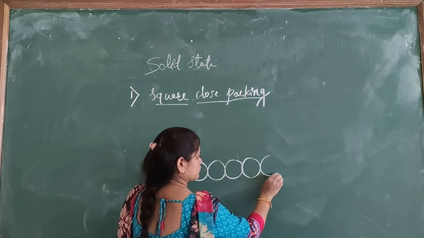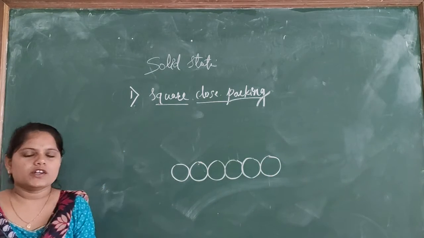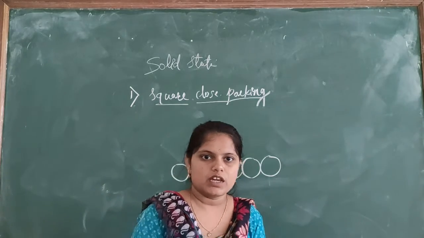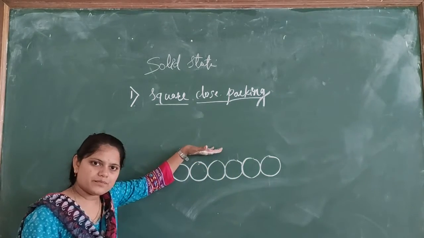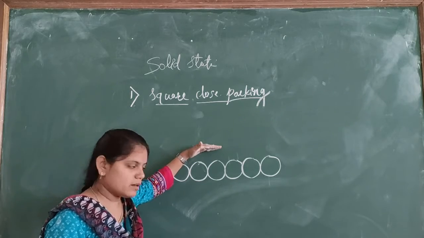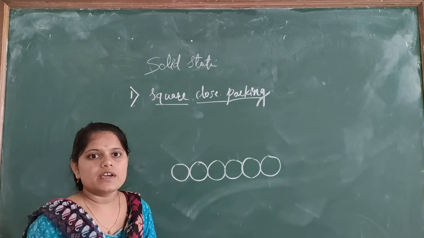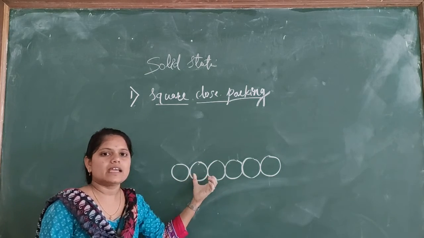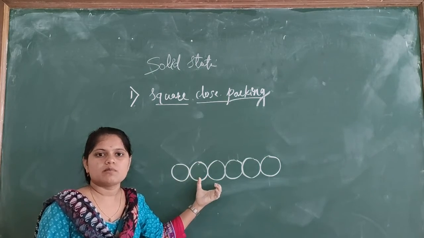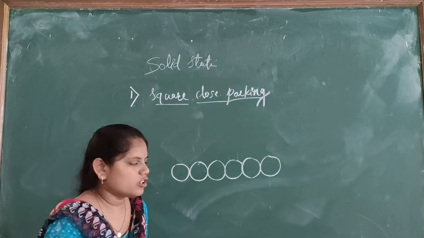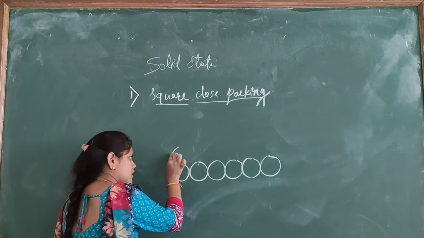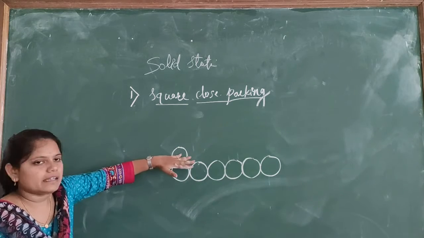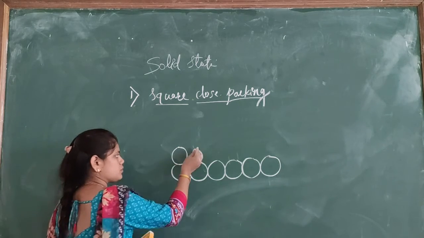Okay, so what I told: the second row remains in contact with the first row in such a way that the second row will be present exactly above the first row. So this will be your second row, which is present exactly above the first row.